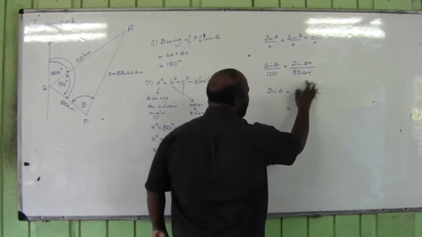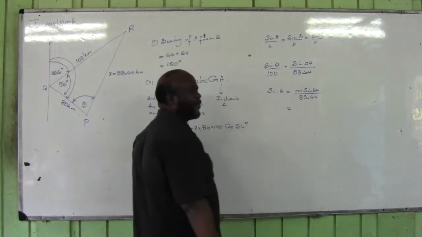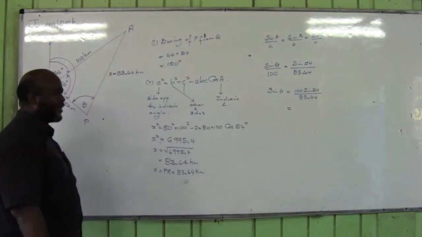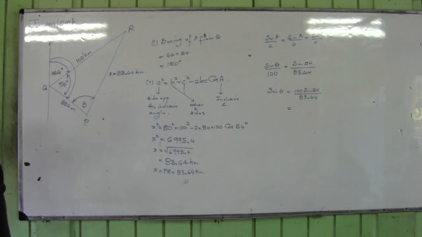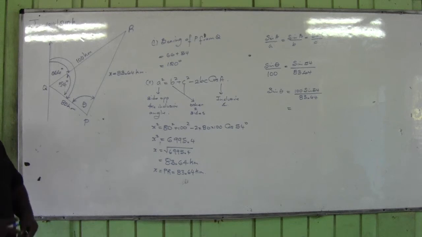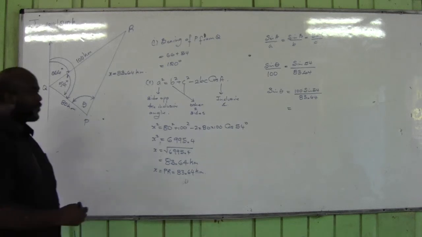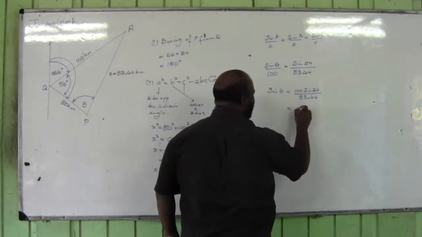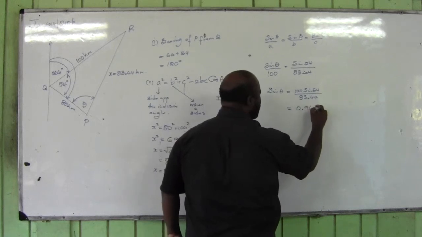So now I have sine theta equal to 100 sine 54 all over 83.64. Put this in the calculator and give me 3 decimal places. 100 sine 54 divided by 83.64 is 0.967.